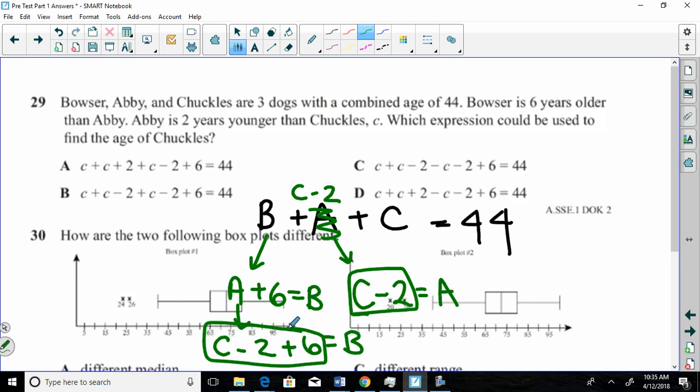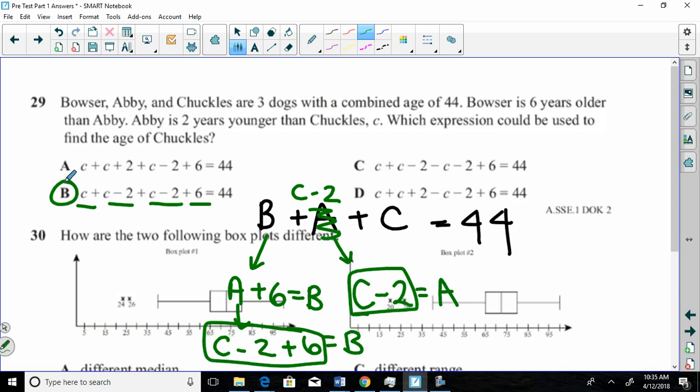I don't know why they didn't do that here, but usually they would. But here your answer would be C minus 2 plus 6 plus C minus 2 plus C equals 44. So it's like substitution. Does that make sense?